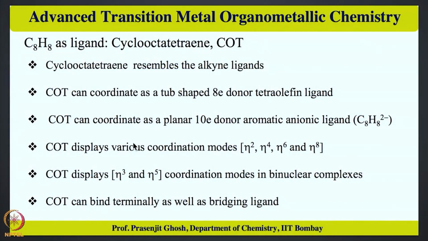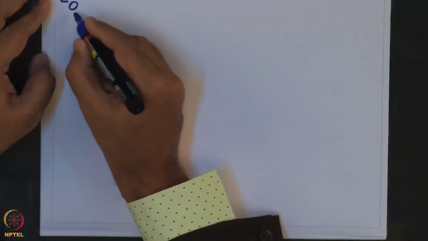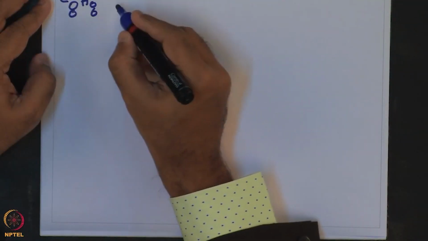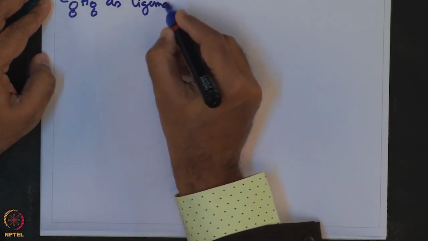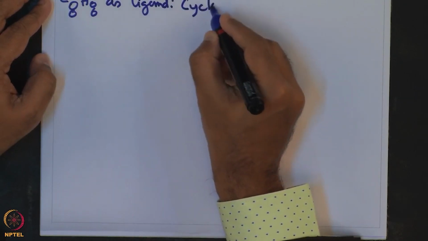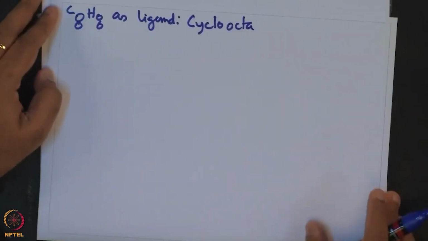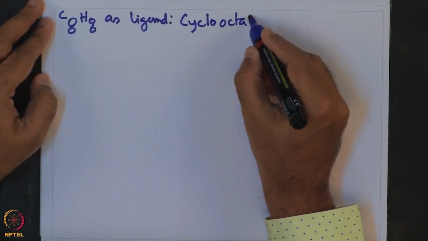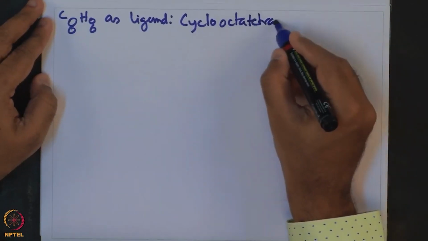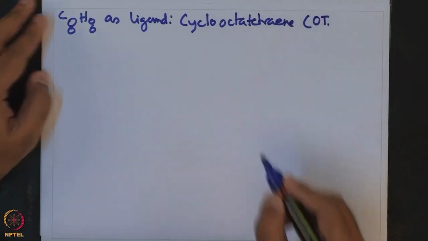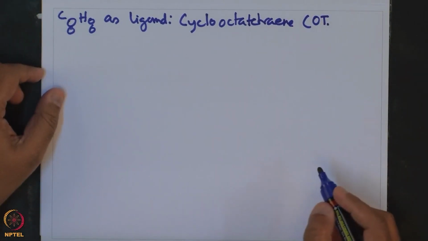Moving on, we come to another new set of ligands, the C8H8 ligands, better known as cyclooctatetraene or COT.